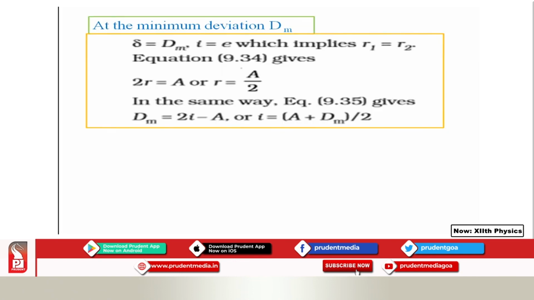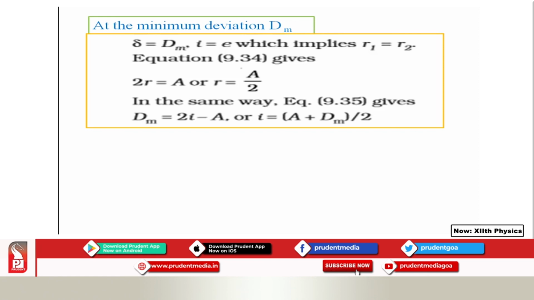So, at the minimum deviation delta m, I equals E, which implies R1 equals R2. If these two are equal, twice R equals A, or R equals A by 2. In the same way, I can get delta m as twice I minus A.